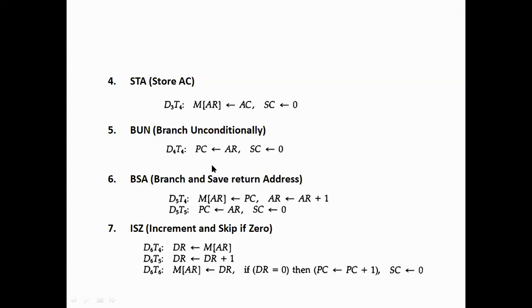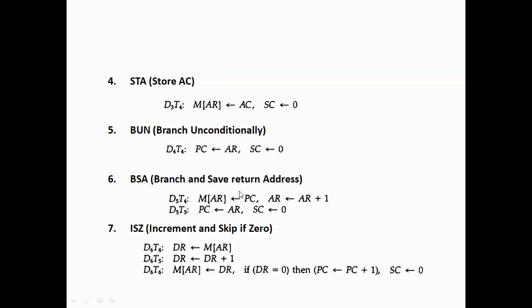And there can be another type of branch where we save the return address. That is, we branch to some place. Fine, we executed instruction number 4, 5, 6. Then we go to some other place, for example instruction number 30. Then after executing that code, we come back to 7.